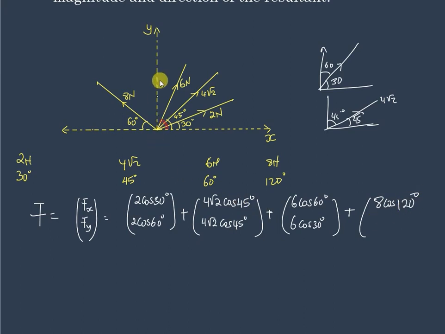Then to the positive y-axis, because this one being 120, this side is 60, and now this one is 90, getting us this angle at 30 degrees. So to the positive y-axis, the 8 Newton force is inclined at an angle of 30 degrees, and we have 8 cosine of 30 degrees.